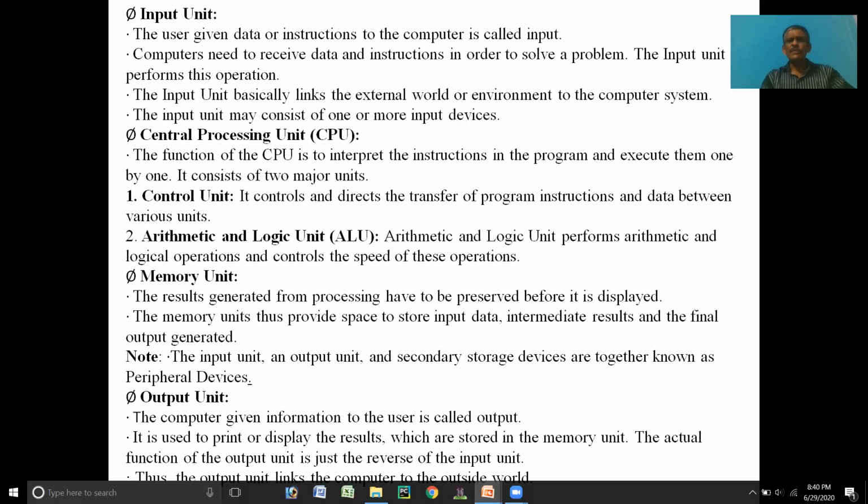It performs arithmetic operations like addition, subtraction, multiplication, and division. And it also performs logical operations like AND, OR, NOT.